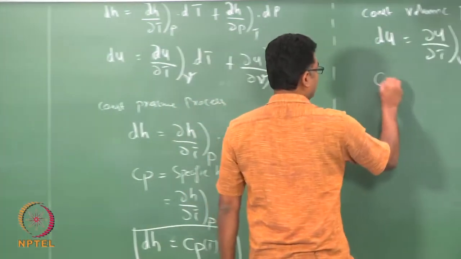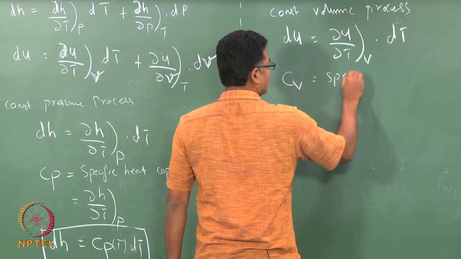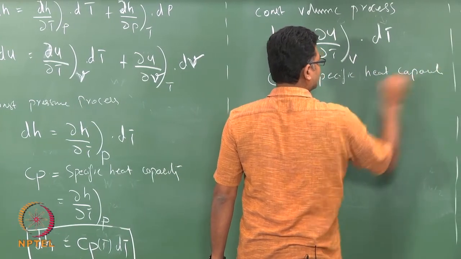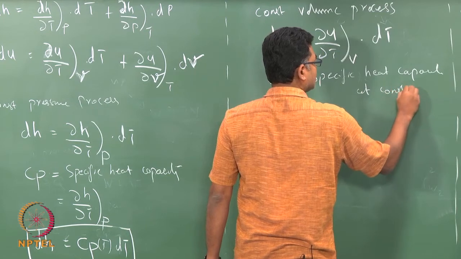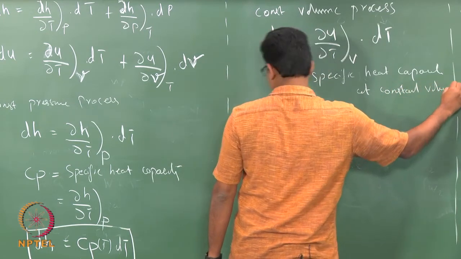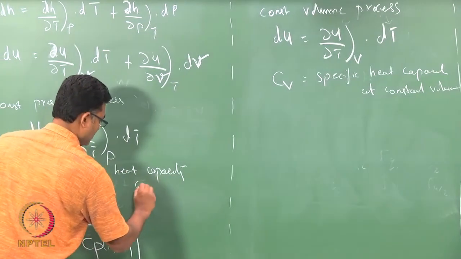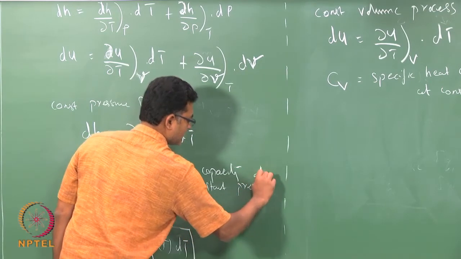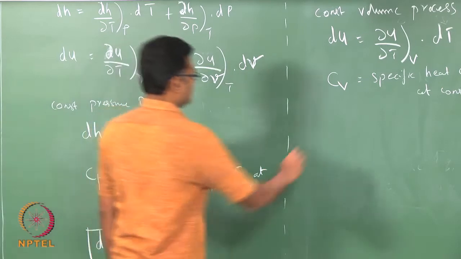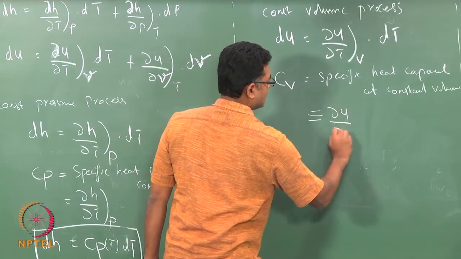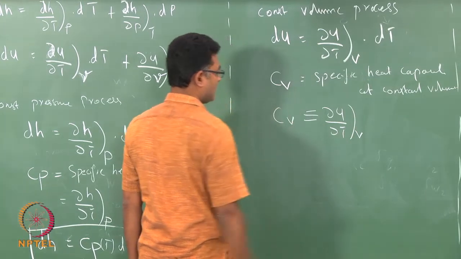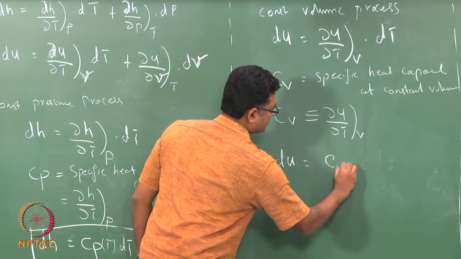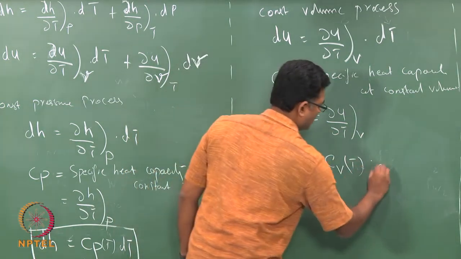And now I define Cv, which is specific heat capacity at constant volume. Okay. So, my dU is Cv, again a function of temperature, into dT.